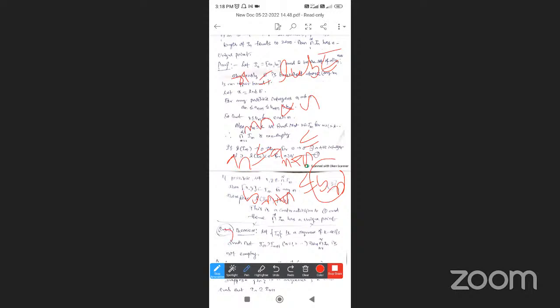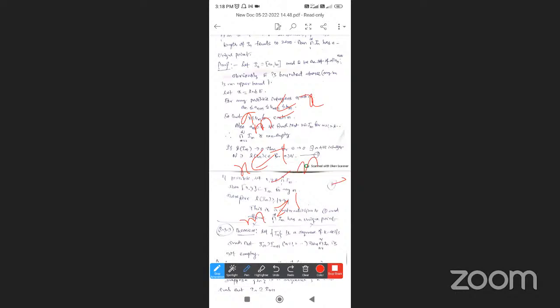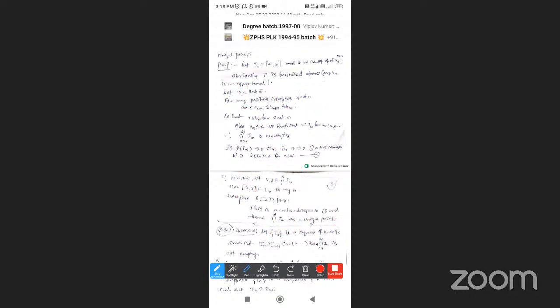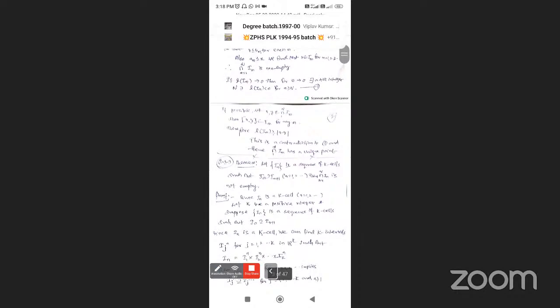So x is less than or equal to bm for each m. Also am is less than or equal to x for all x belonging to Im, for m equal to 1, 2, 3, and so on. That means the intersection of Im for m from 1 to infinity is not empty. So this is clearly not empty.